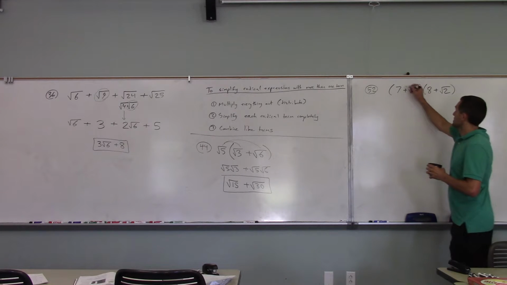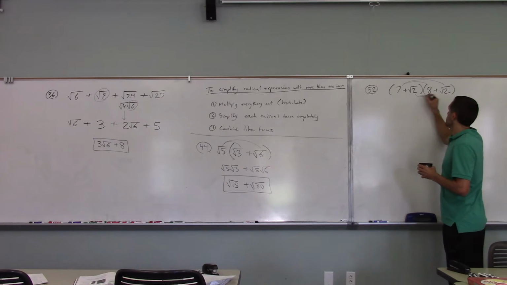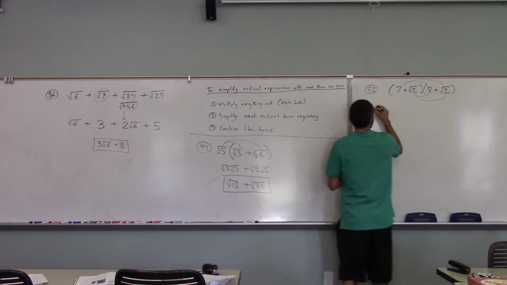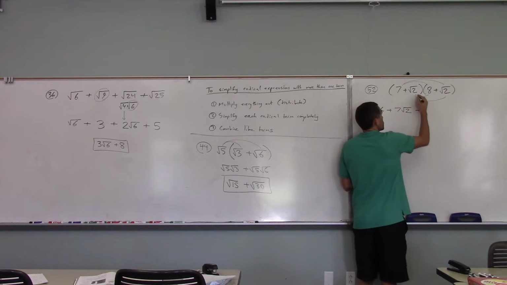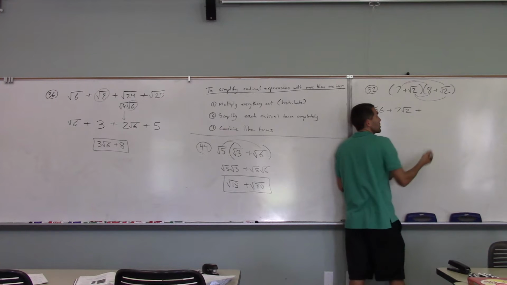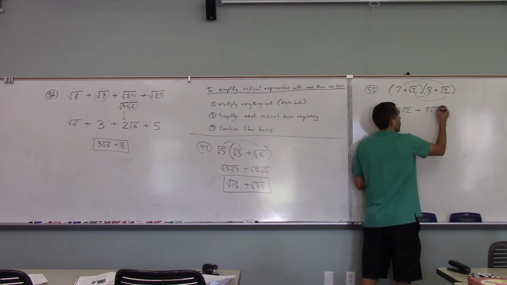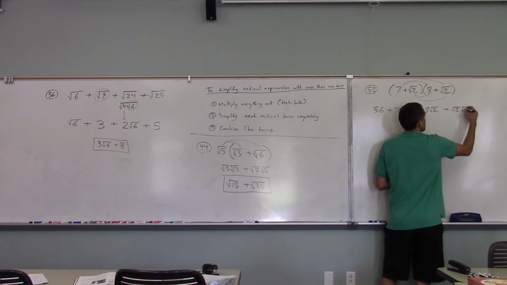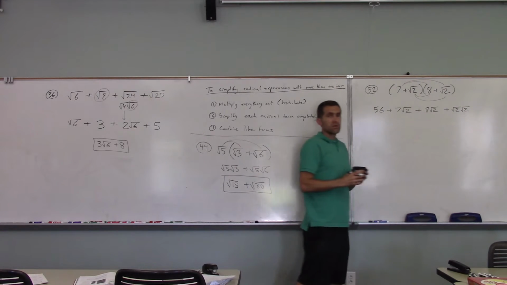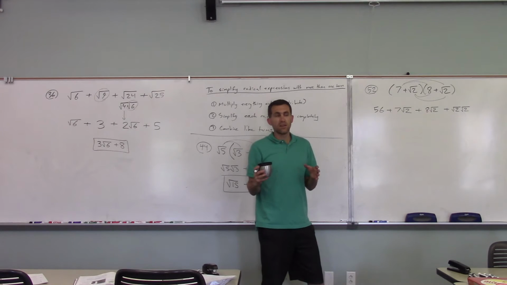Yeah, right? 7 times both of them, root 2 times both of them, so we get 56 plus 7 root 2 plus root 2 times root 8. I'm just going to write it as 8 root 2 because I always write the number first, plus root 2 times root 2. Right, so first multiply it out, and then simplify every term.